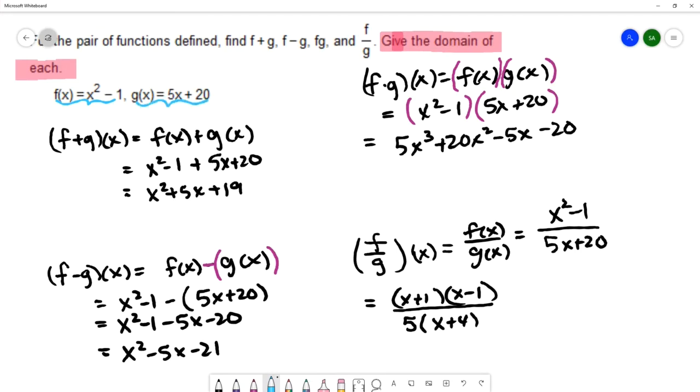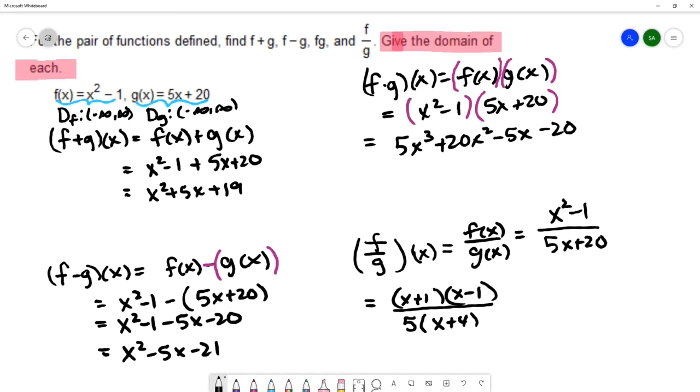Because if we're using these functions to put together the new functions, we have to have, at the very least, the same restrictions. So both of these functions are polynomial functions, and polynomial functions have a domain of all real numbers, negative infinity to infinity. So the domain of f will be negative infinity to infinity. The domain of g will be negative infinity to infinity.